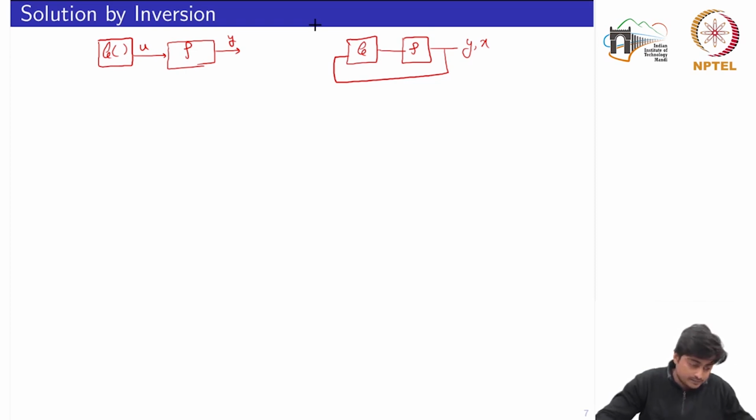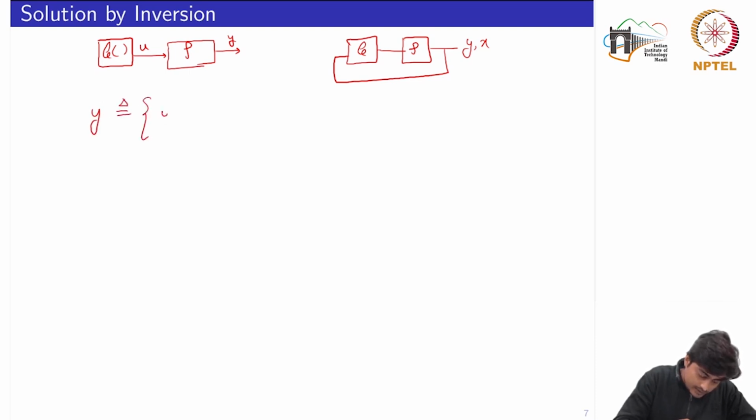Now there are other ways of computing the open loop solution of the control problem. Let's say we denote an element of a function space, y, as some element of Y, which maps from some real valued space to a real valued space.